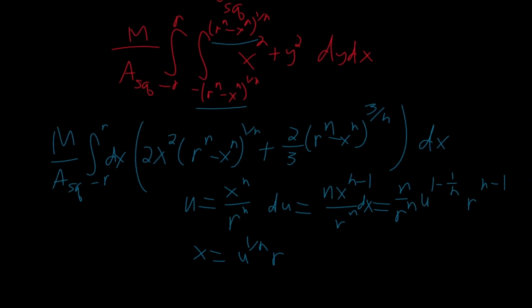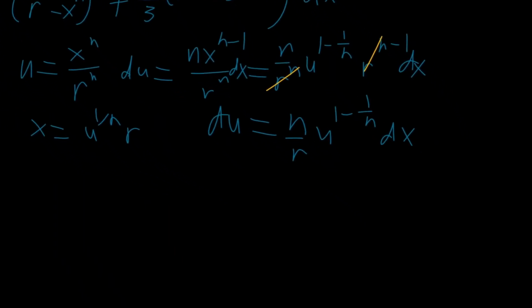From this, you can probably see that the r to the n's cancel, which just leaves us with n over r times u to the 1 minus 1 over n dx, and this is all equal to du. So solving for dx, I'll zoom in on this part, dx is equal to r over n times u to the 1 over n minus 1 times du.